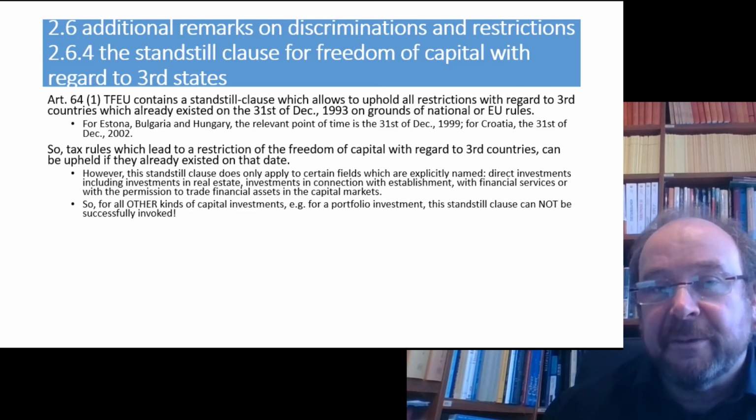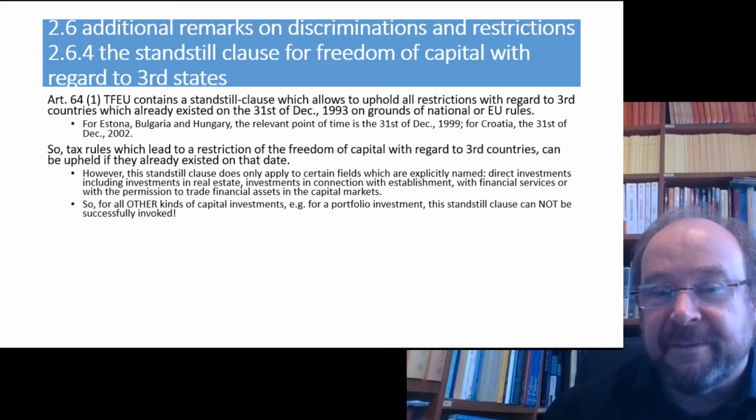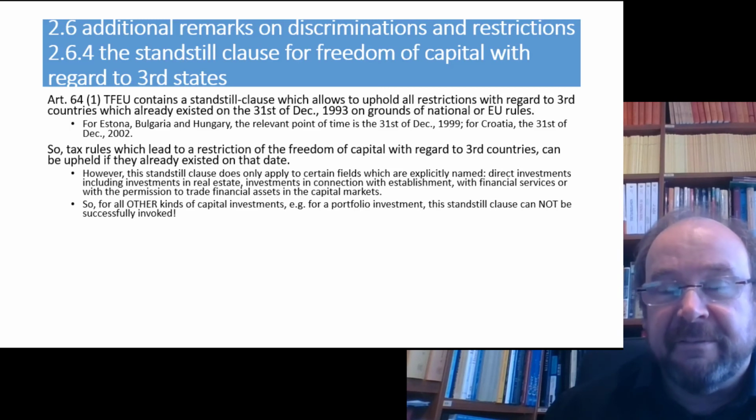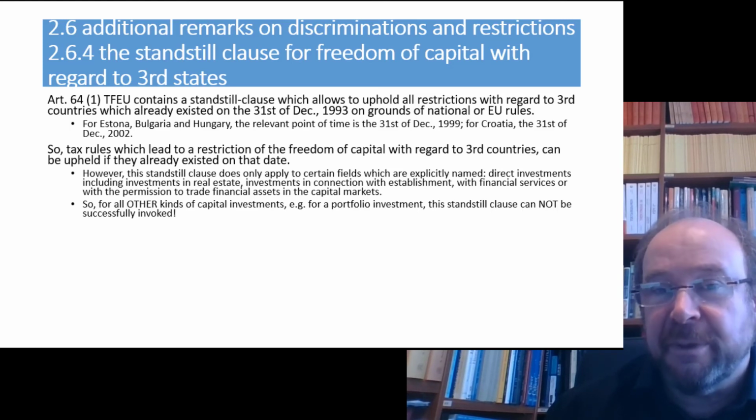Now this standstill rule, however, does only apply to certain fields of capital investments. For example, direct investments, including investments in real estate property, investments in connection with establishments, with financial services, or regarding the permission to trade financial assets in capital markets.